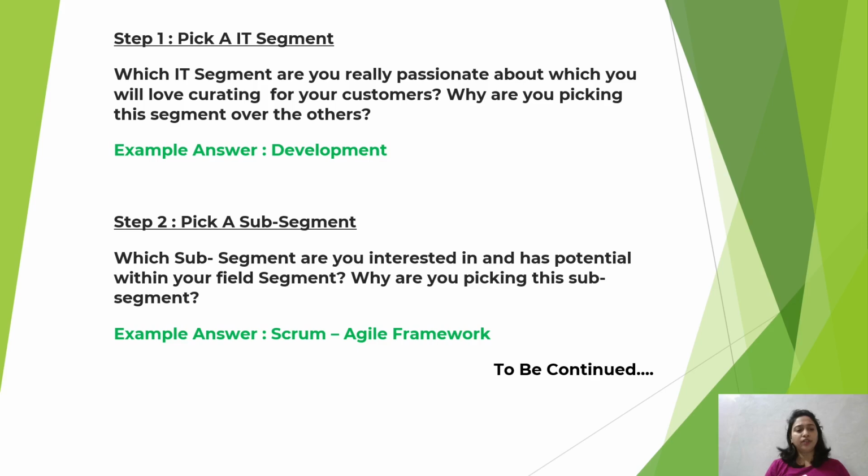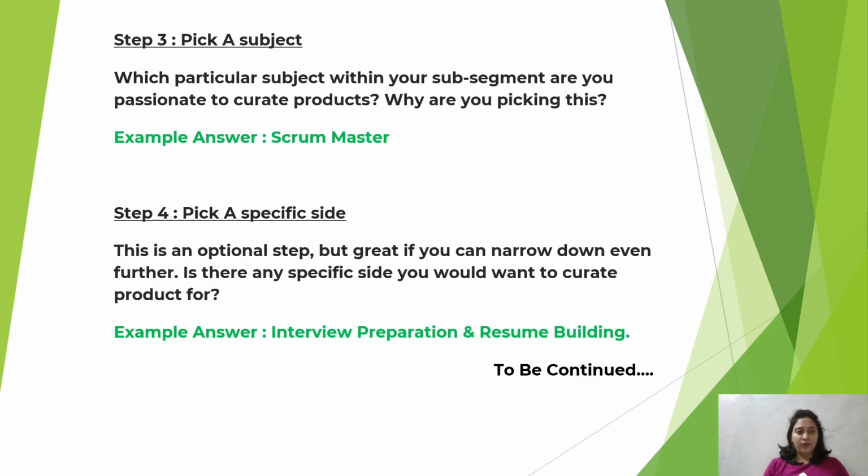Then the second step, you need to find your sub segment. For example, in development, I have chosen the Scrum Agile framework as my sub segment. Then the third step is to pick your subject. In this, you can choose Scrum Master.